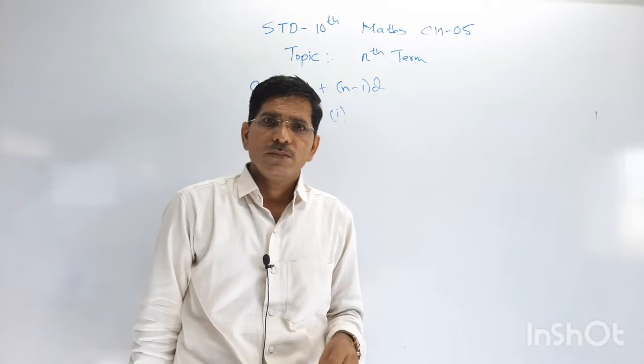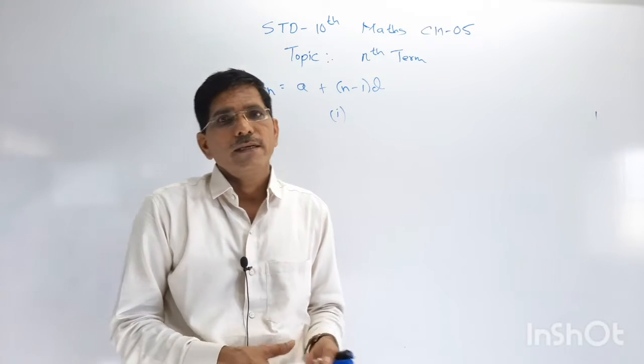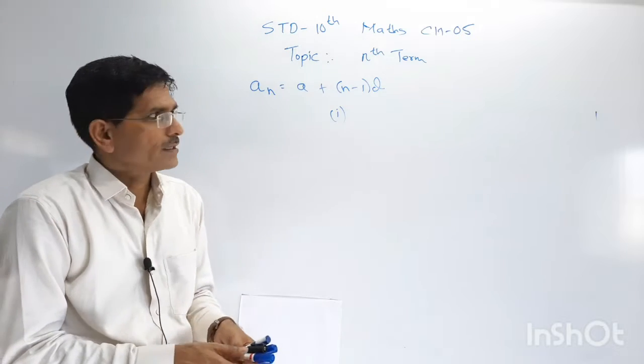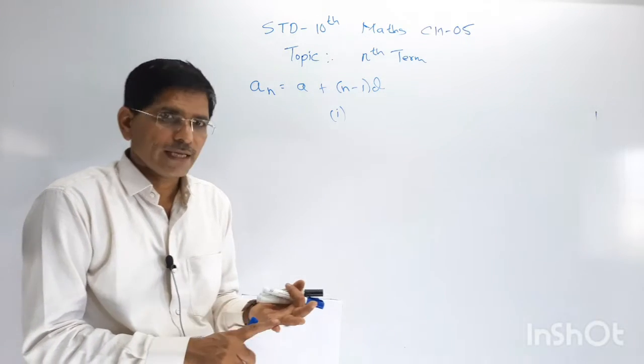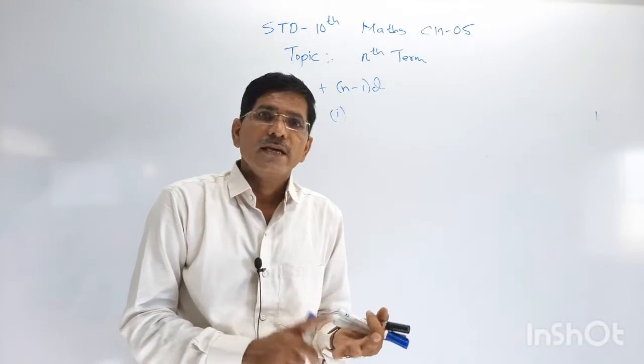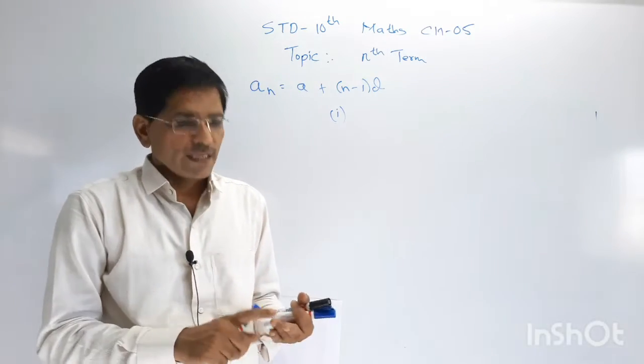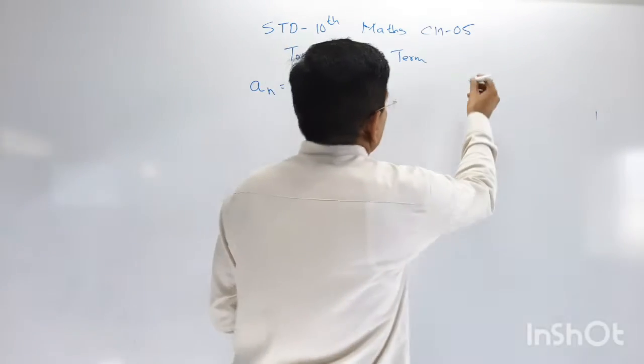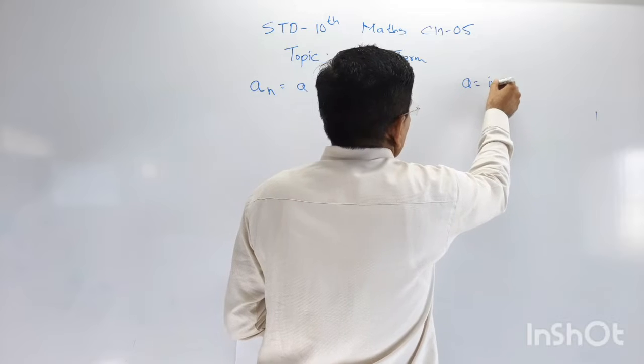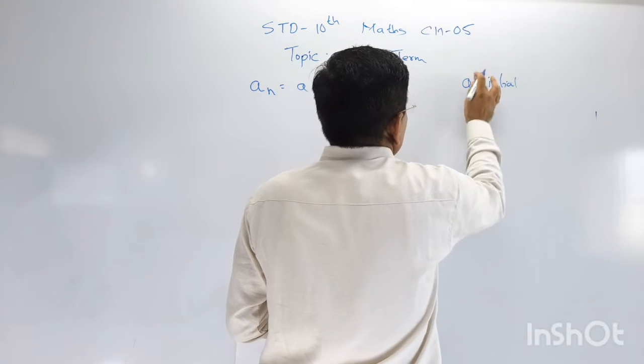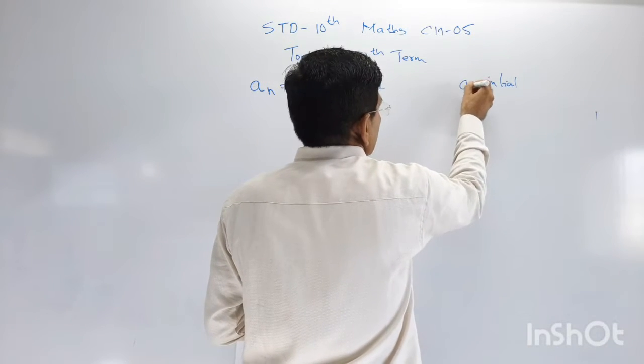So first term, second term and third term, that is related to a, a plus d, a minus d. What is a? a is equal to the initial term, that we have discussed.